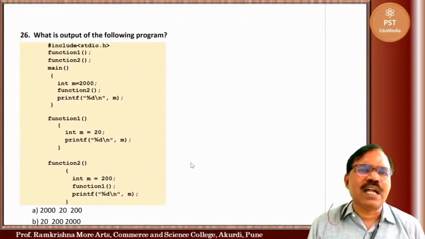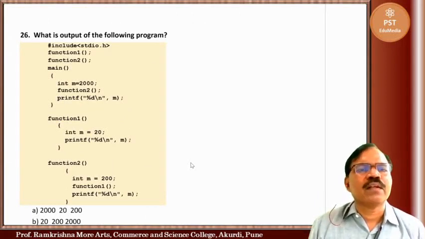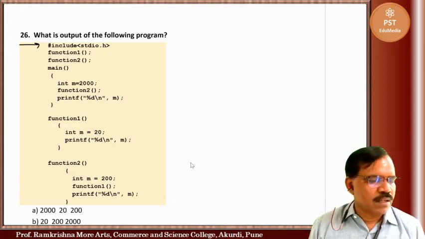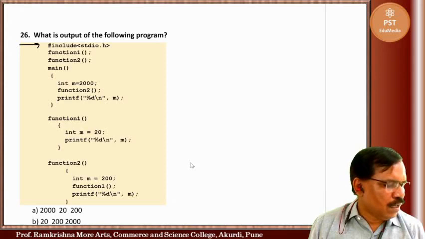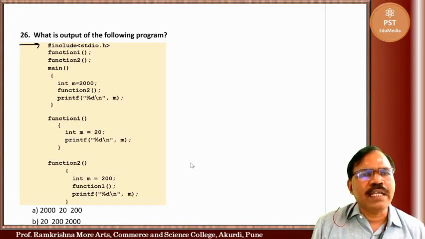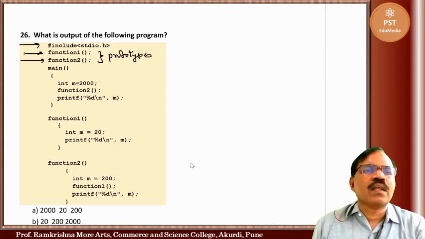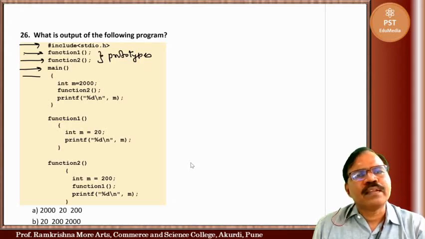Now what is the output of the following program? Now see it carefully. Hash include stdio.h. This is the first function, this is the second function. These are prototypes. So here main, then it enters here, int m.